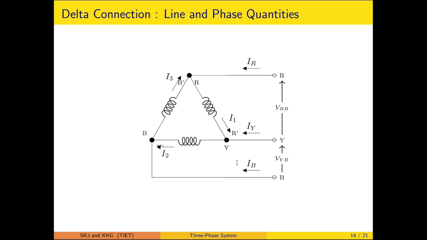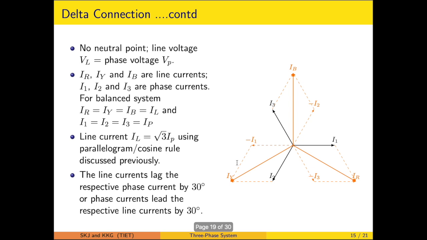Here we will be repeating the same process for the current calculation, the way we have calculated the line voltage for the star arrangement. So these I1, I2, I3 are the phase currents we have marked. Now how the IR was spelled out, that was I1 minus I3. So to attempt that minus I3, you are drawing an opposite phasor, attempting it by the law of parallelogram.